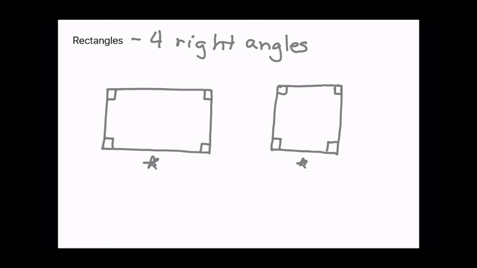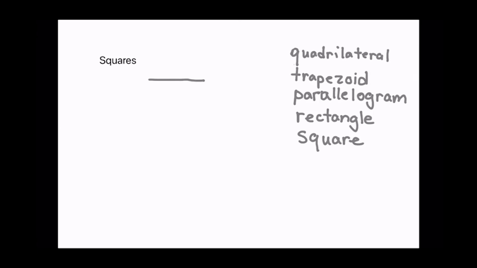Okay, one more for you, and that is the square. So the square is probably the most special of the quadrilaterals of all because it is the only one that meets every attribute. So the difference between a square and a rectangle is a square is just like a rectangle.